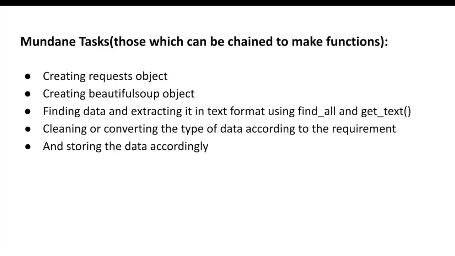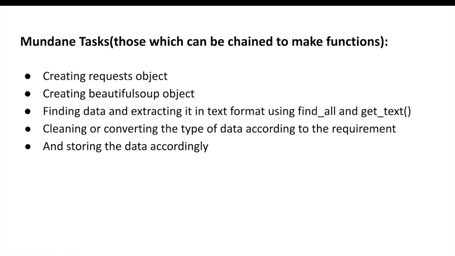The thing is, we can remove all those repetitive tasks which we do every time, for example using the requests.get function, then taking the text attribute from that response, then using that text attribute for our BeautifulSoup object and returning a BeautifulSoup object in the end. So we can combine this sort of functionality in one place.